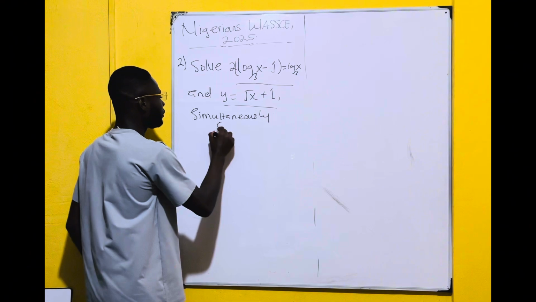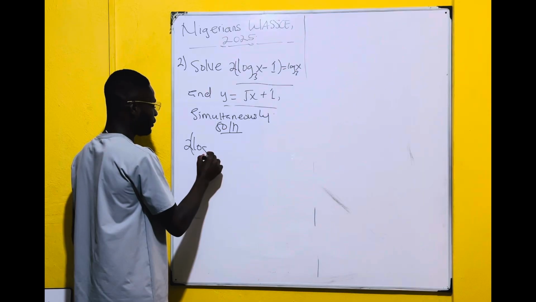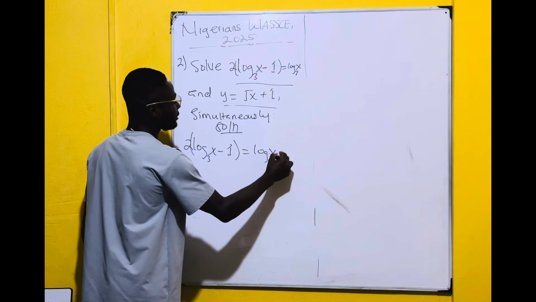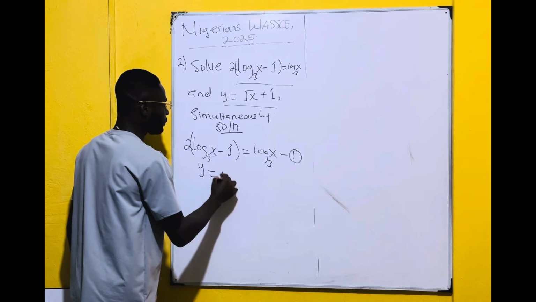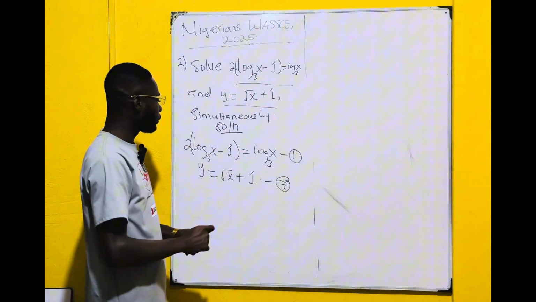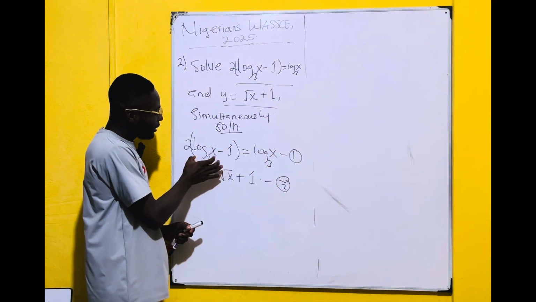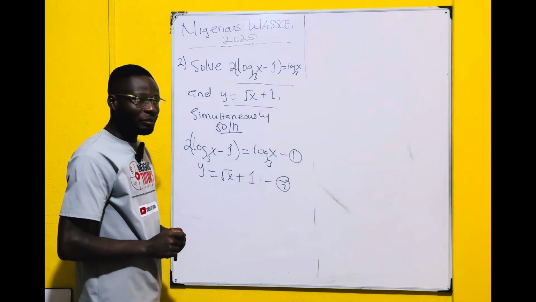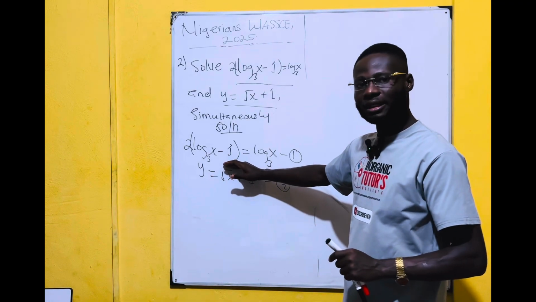So we write our first equation equals log x base 3, and y equals square root of x plus 1. That is equation 2. So what should we do? First of all, remember that we have log x base 3 on both sides. We can't solve this without doing anything to it.